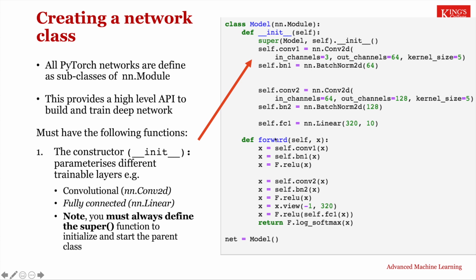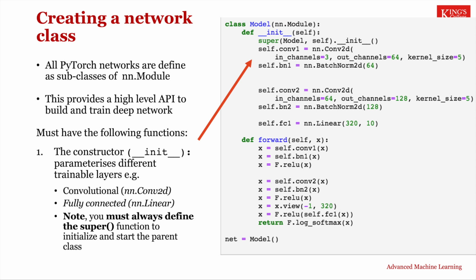When writing your init function, you must start by specifying this superline, where the first argument needs to be the network name, specified here, and the second argument will always be the self keyword, i.e. referencing the instance of the class that gets created.